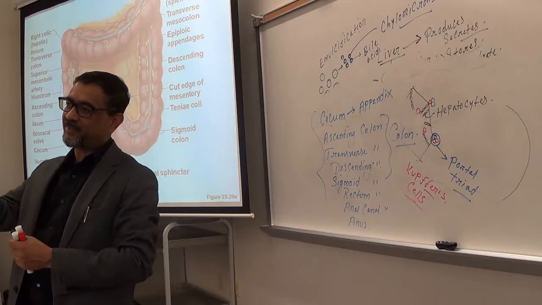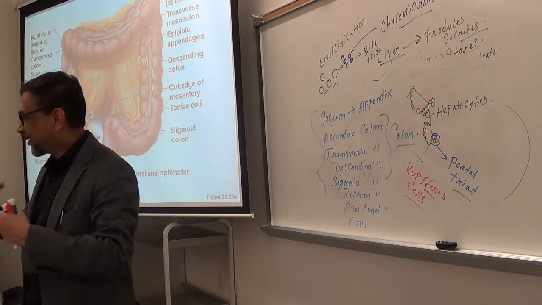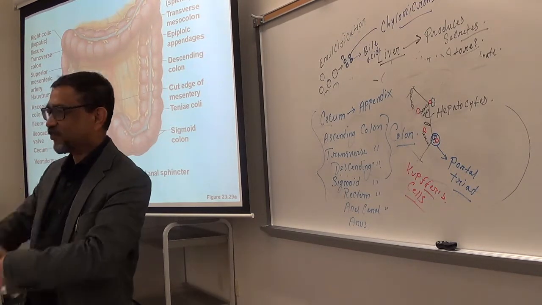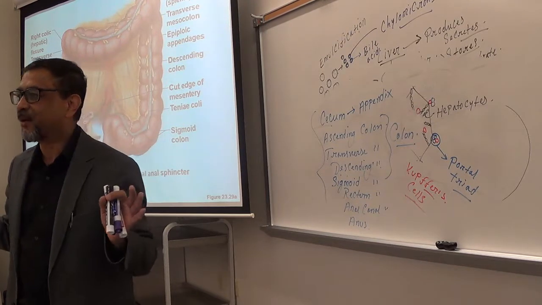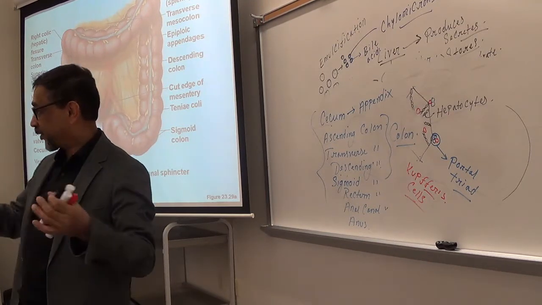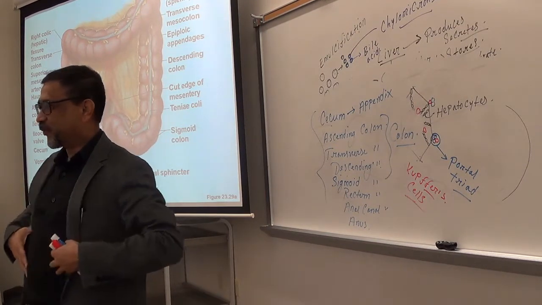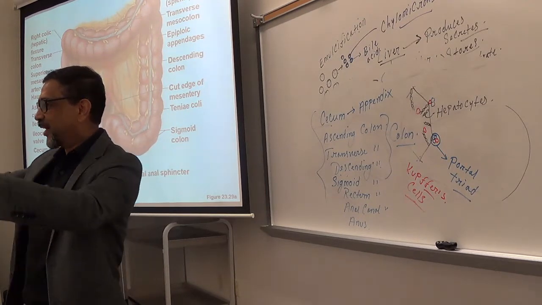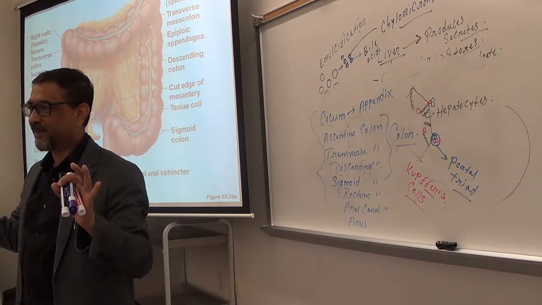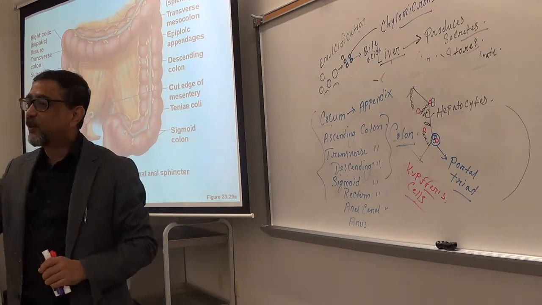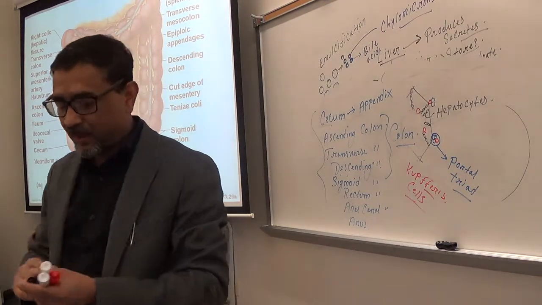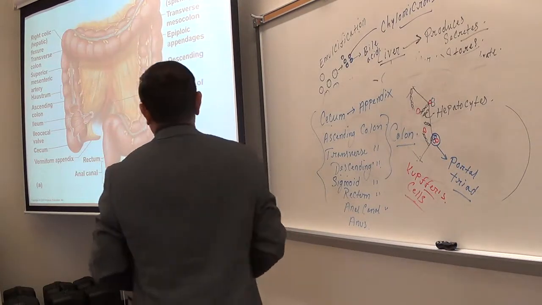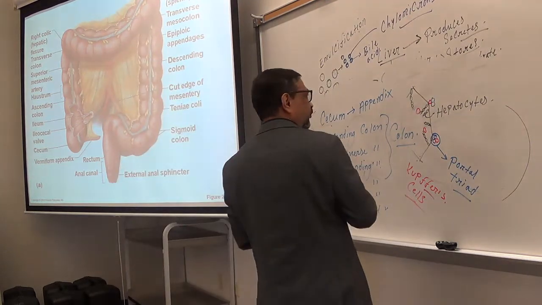If the appendix ruptures, then the fecal materials and bacteria can easily get out. And the peritoneal cavity I mentioned before is big, with a lot of fluid there, so it can spread to the other organs. So that's why quick removal, if appendicitis occurs, is a good idea, before it ruptures.